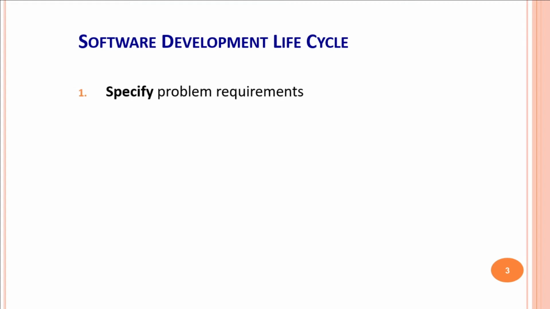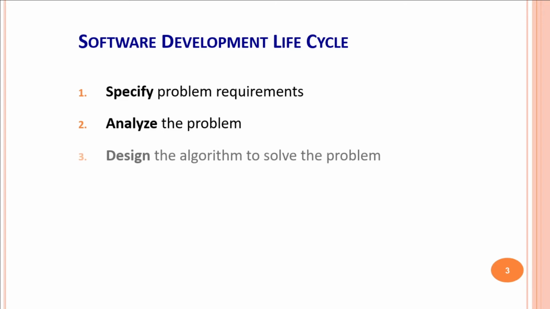We specify the problem requirements, means what is to be done by the program. Then analyze the problem: identify what are the various modules required, what calculations are required, what type of input is required, what type of processing is required, what type of output is going to be generated.